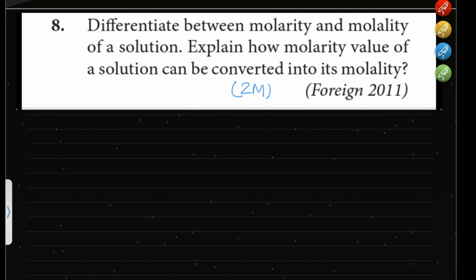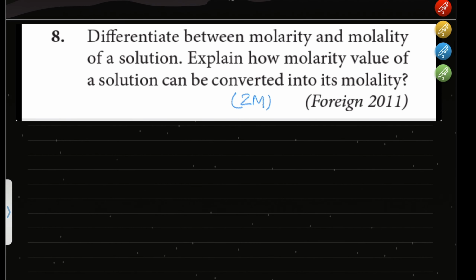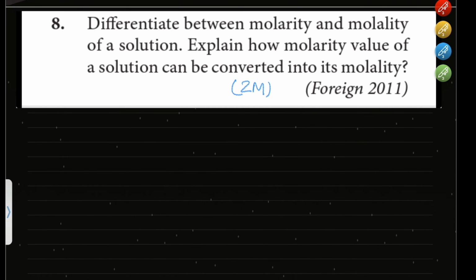Again, the question is the same. Question number 7 and question number 8 are the same. Differentiate between the molarity and molality of the solution. Explain how molarity value of a solution can be converted to the molality. Conversion of molarity into molality.